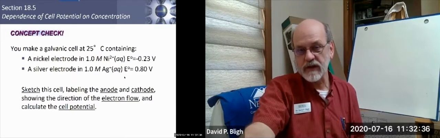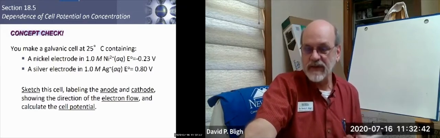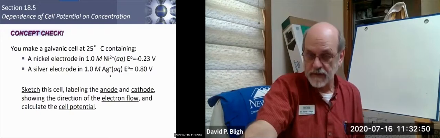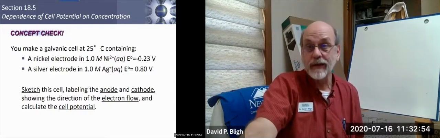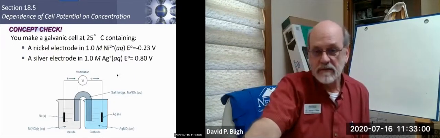That's the aqueous nickel, aqueous silver. So you would need, in the nickel side, a solid piece of nickel as your electrode, and in this one you'd need a solid piece of silver. The question is, which one's the cathode and which one's the anode? Well, you need to look at the reaction.